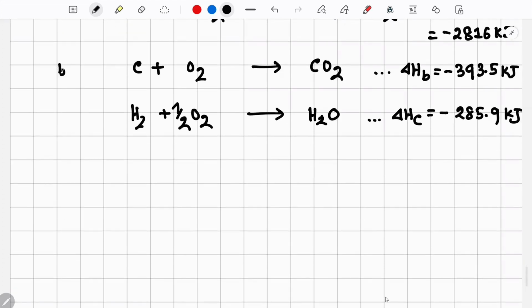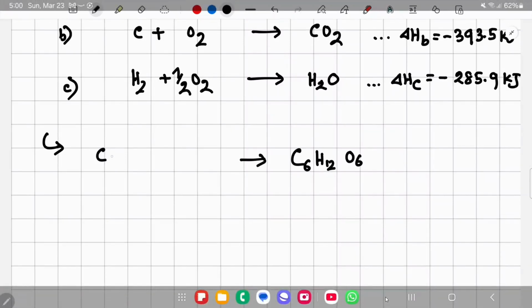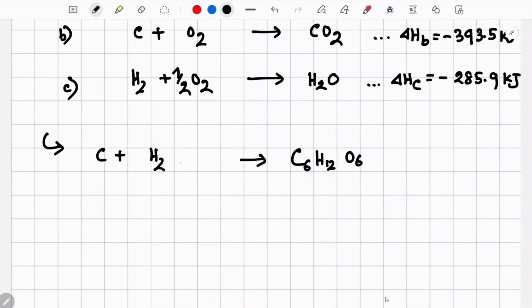From here, you have to make the reaction which corresponds to the heat of formation of glucose. Not from H2O.